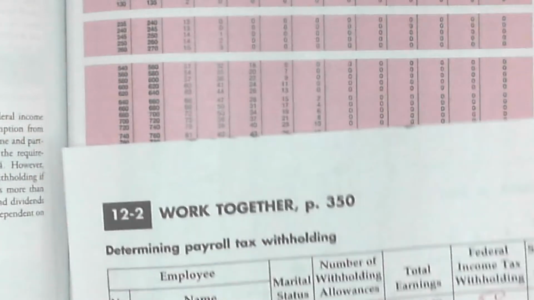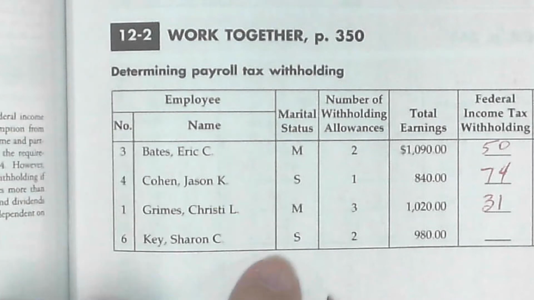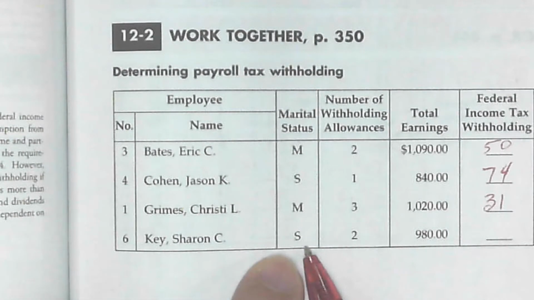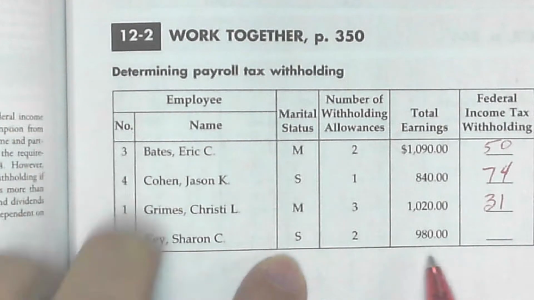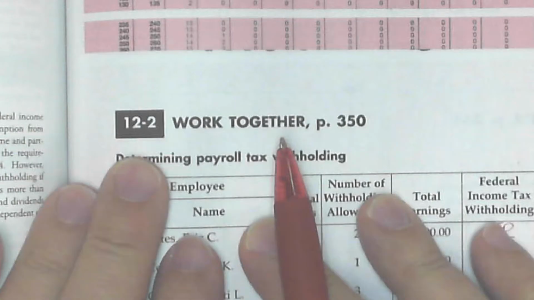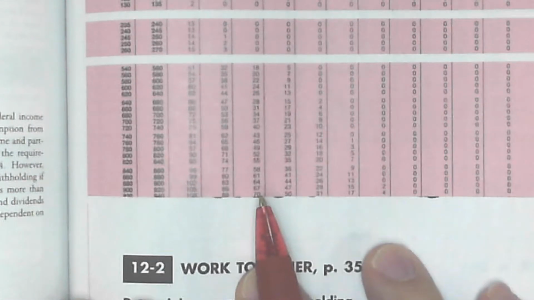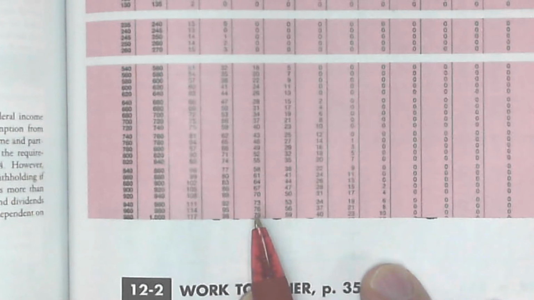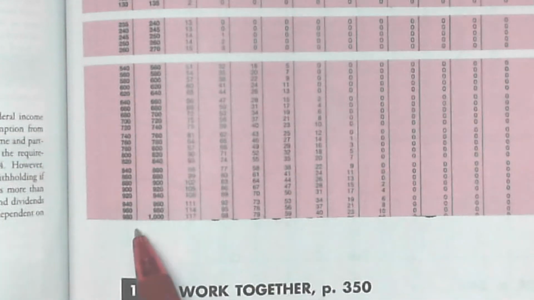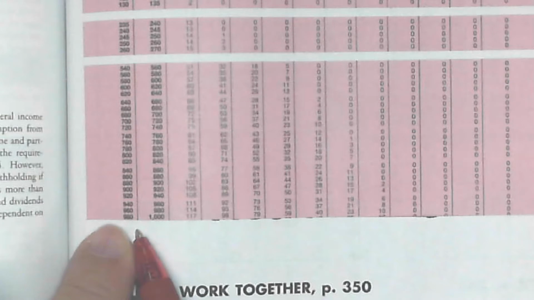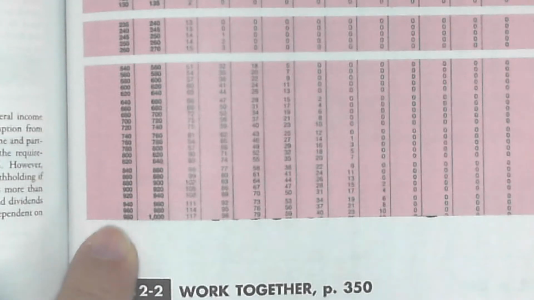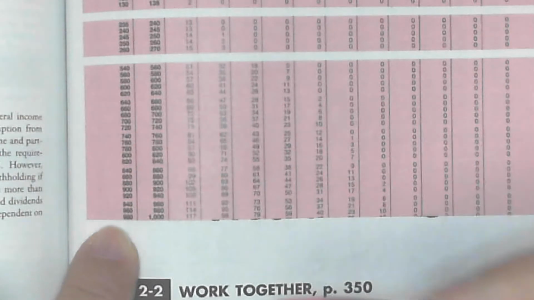Okay, so since I'm working on the tax table, Sharon, she's single, made $980. So once again, she falls into the minimum $980, maximum $1,000. She has 2 dependents.